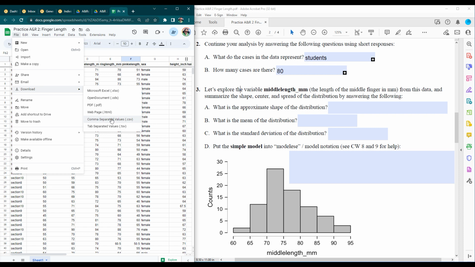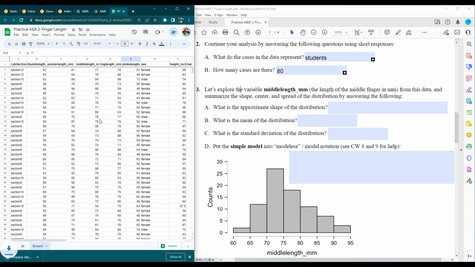Want to open it up or save it as a comma-separated values file, a .csv file. Now, don't open it up directly from here because it's probably going to open it in Excel or some other software system. And what we really want it to do is open in JASP.